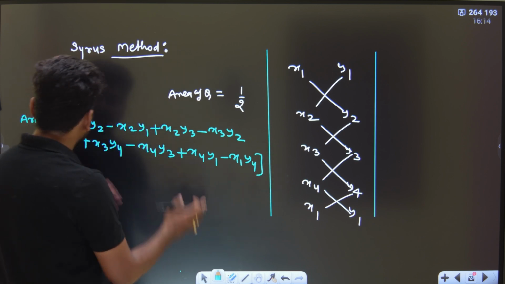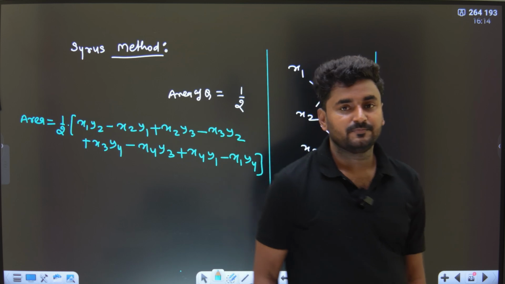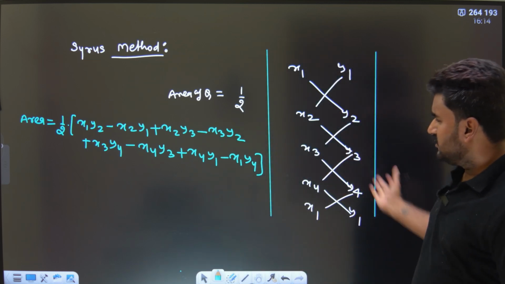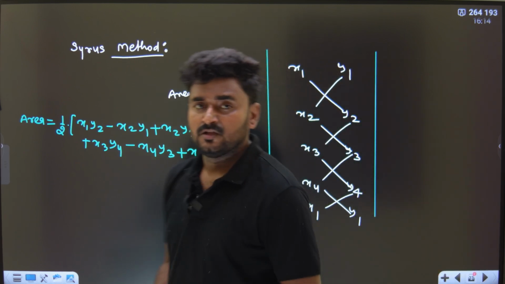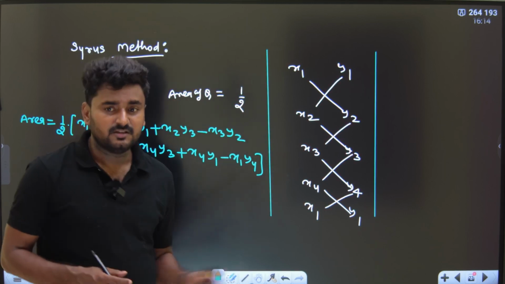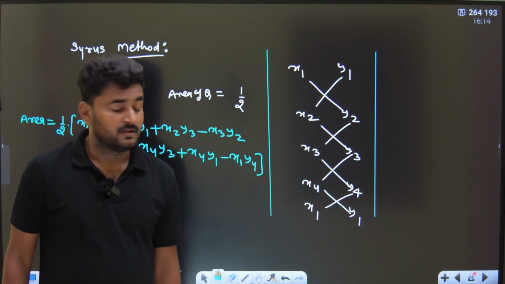This will be the area of the quadrilateral. Understand? So like that you can also find the area of a pentagon or hexagon, by using the Shoelace method if the vertices are given.